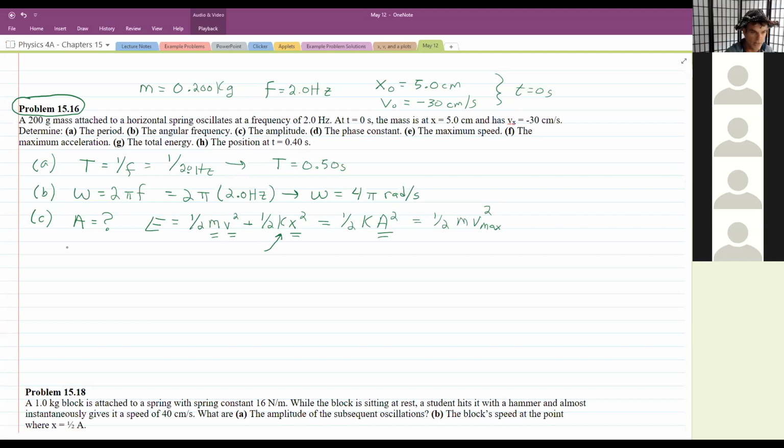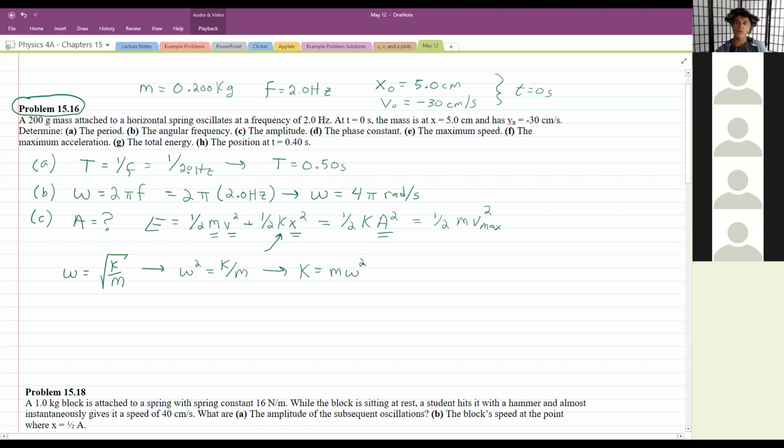However, I know that for a spring mass system, omega is given by the square root of k over m. So if I have m and I have omega, I could solve for k. So omega squared equals k over m, so k equals m times omega squared.